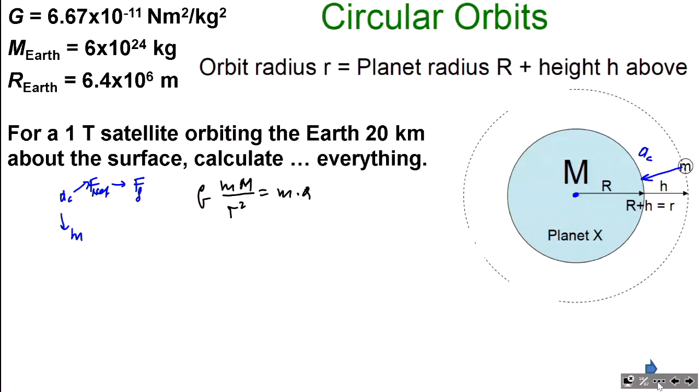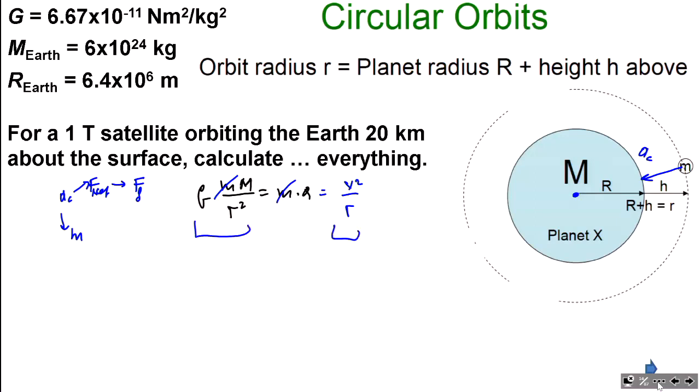So again, we can cancel the mass. So in this situation, if we don't need to know the force, mass doesn't matter. And the acceleration is equal to speed squared over the radius.